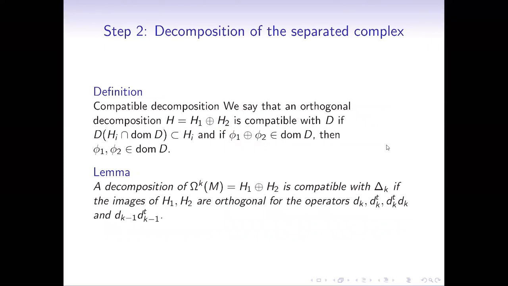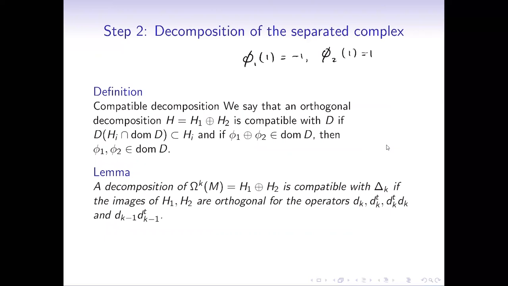So in terms of Dirichlet boundary conditions, you might have something like phi1 of 1 is -1, phi2 of 1 is 1, so that the sum of these two satisfies Dirichlet boundary conditions at 1. But separately, they do not, which means that this is not a good decomposition, because you want the separated parts also to satisfy your boundary conditions. That's the main point of these compatible versus incompatible decompositions.